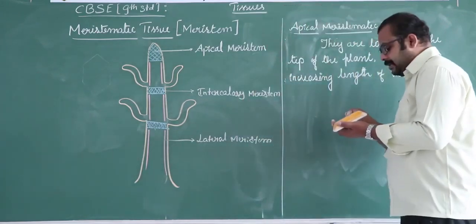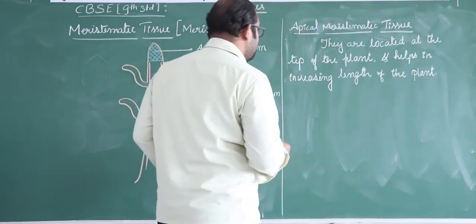So the second type is intercalary meristematic tissue.